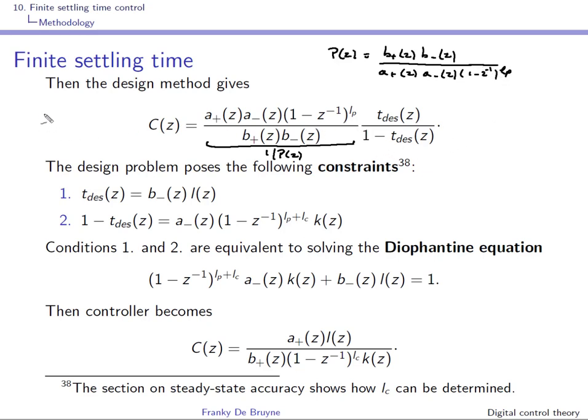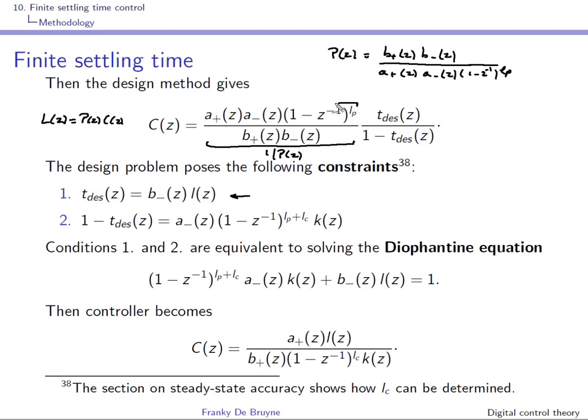So if you look at the loop gain, which is P times C, in order not to have any unstable pole zero cancellations, we have to make sure that this one disappears from the controller, otherwise it will cancel with the unstable zeros of the process. So we have to make it part of the desired polynomial. This is why we write the desired polynomial as B minus times L, right? So that it will disappear from the controller.